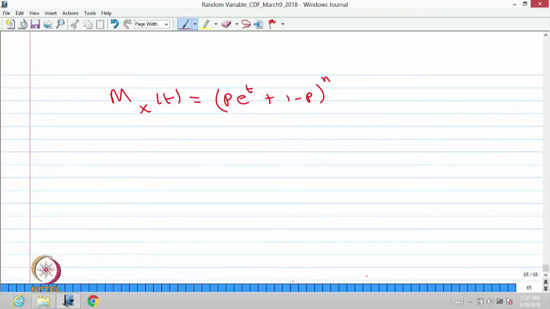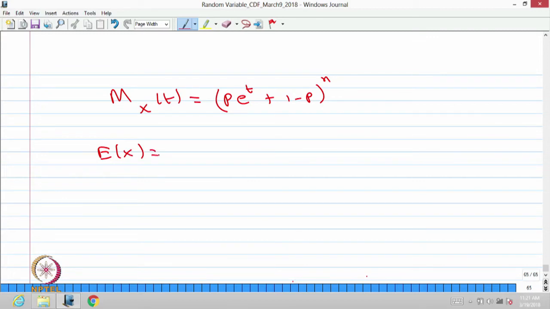If you want to find only the mean, you can use the mean definition and get the mean. Suppose you need many moments, then it is better to find the MGF first and then take successive derivatives, and I have already explained from the moment generating function how to get the moments of order n. So, you can use that to find the first order moment, second order moment, any nth order moment.